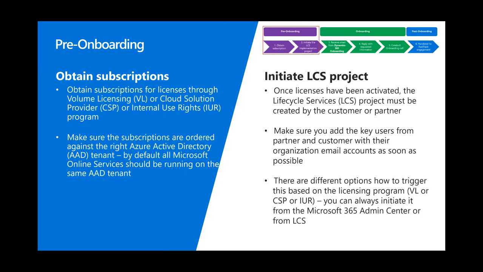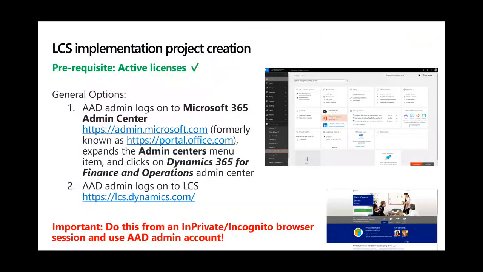So what to do? What I want you to take away here is that as long as the licenses are active, there's always a very simple way to create the LCS implementation project. There's actually two very simple options. Option one is that the Azure Active Directory admin logs onto the Microsoft 365 Admin Center.